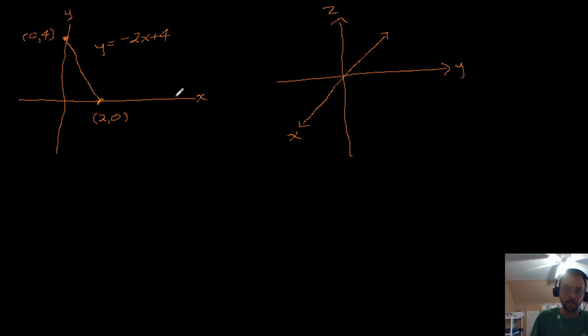And so we had positive 2 on the x-axis. So that would be 2, 0, 0, because 0 on the z as well. And on the y-axis, we're going to go 0, 4. Let's say that's about here. So we have 0 on the x, 4 on the y, 0 on the z. This is the same line that I have drawn right here.